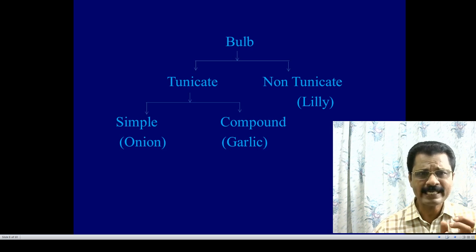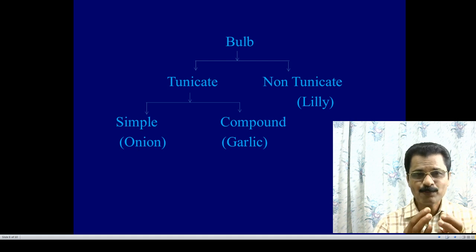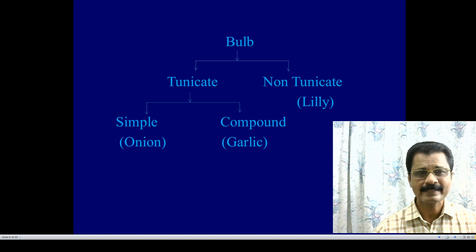They have nodes and internodes. They are found below the surface of the soil, and from the nodes scale leaves arise, which overlap one above the other and become swollen and spherical, and store food materials. There are two types of bulbs, that is, tunicate bulb and non-tunicate bulb.